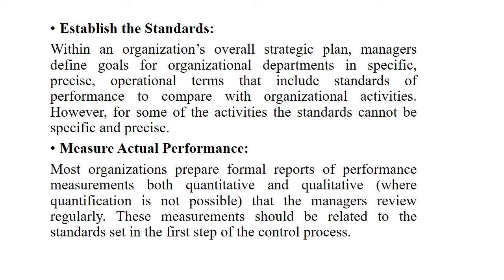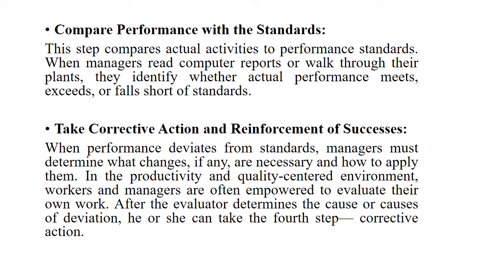The measurements should be related to the standards set in the first step of control, and performance is compared with the standards. The actual activities and the performance standards are compared together. And then comes taking corrective actions and reinforcement of success. Taking corrective actions means when deviations are found, corrective actions should be taken and implemented.